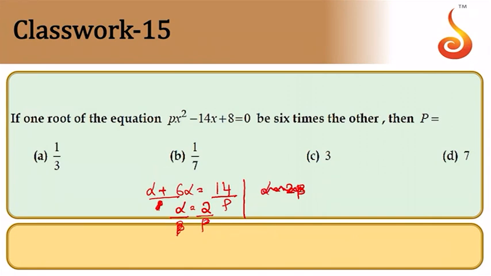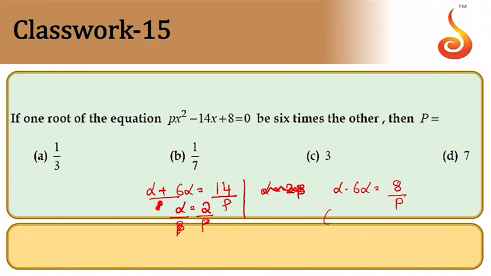Sorry for the inconvenience. So 7 alpha equals 14 by p, so alpha equals 2 by p.